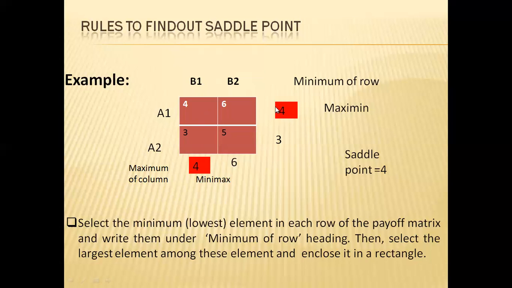The row 1 minimum with respect to A1, and the column 1 maximum with respect to B1, the opponent of A1, are both 4. It is equal in the case of both row and column, and that relates the A1 and B1 players. That is nothing but the saddle point.